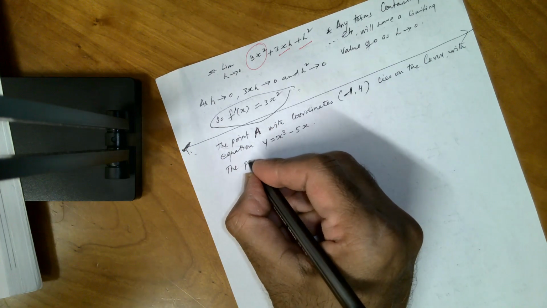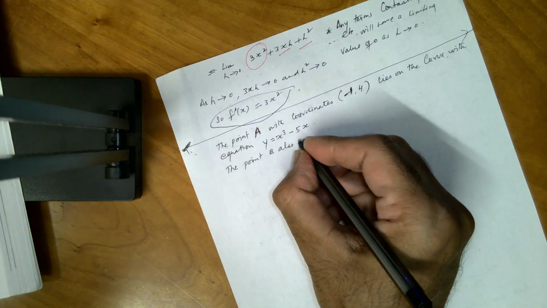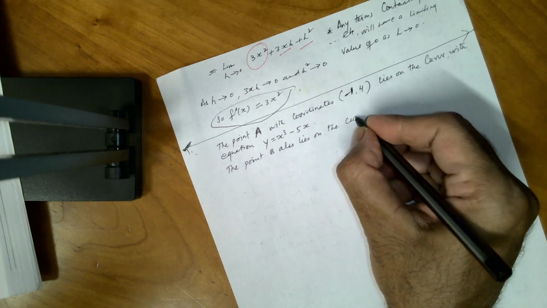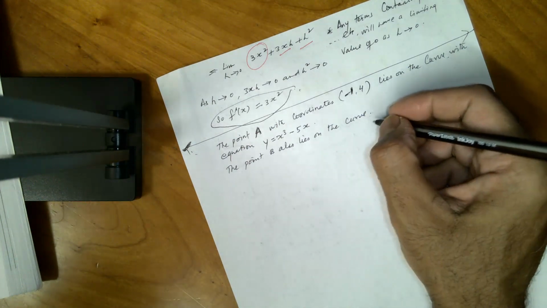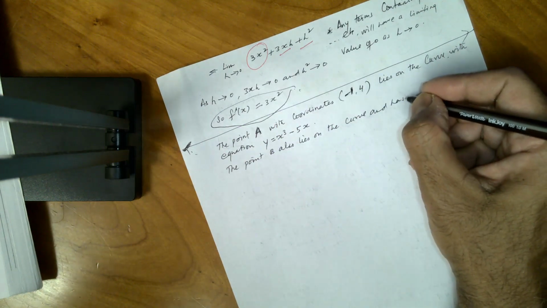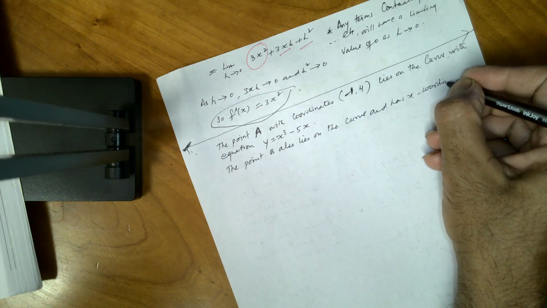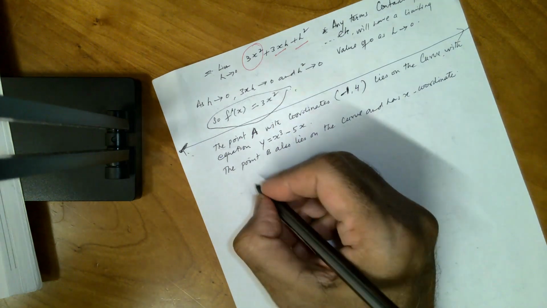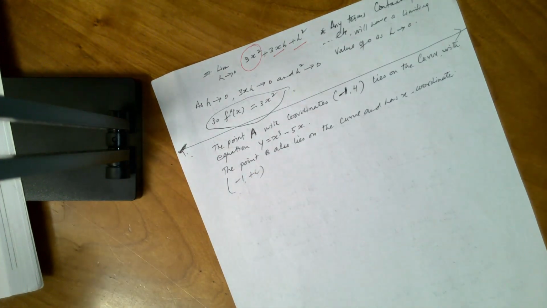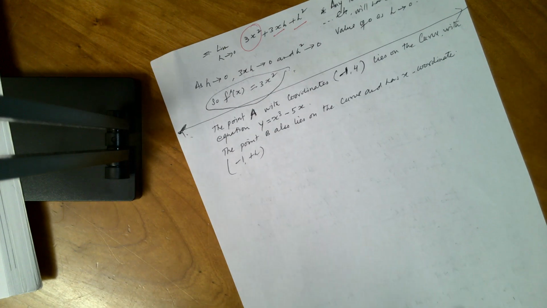The point B also lies on the curve and has x coordinate -1 plus h. So this is what has been given to you, right?